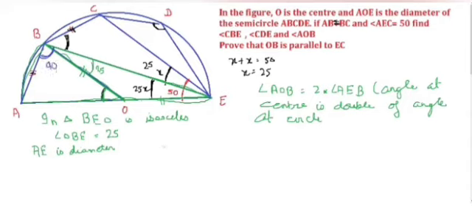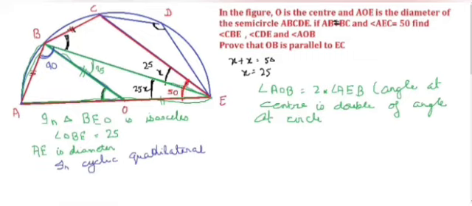Now I am taking cyclic quadrilateral here, this one, A, B, C and E. In this cyclic quadrilateral, the sum of opposite angles will be 180. Now in this cyclic quadrilateral, this red angle is 50.